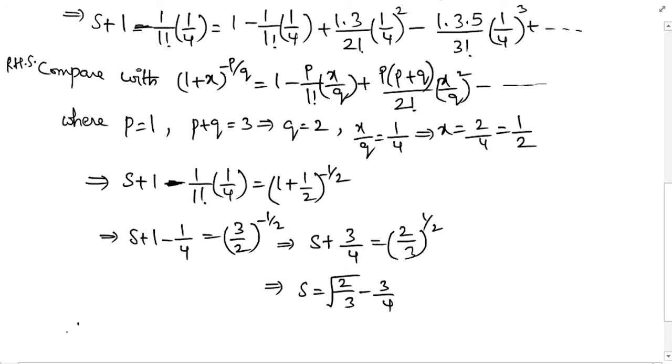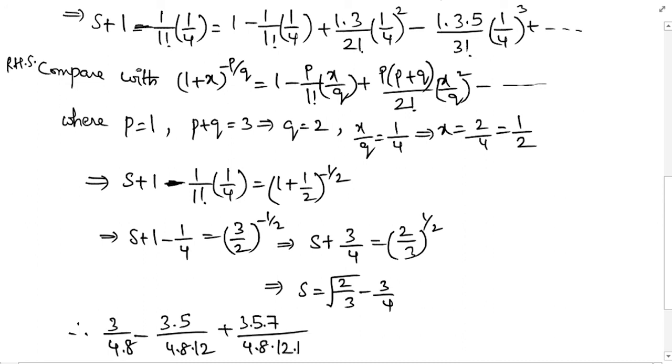Therefore 3 by 4 into 8 minus 3 into 5 divided by 4 into 8 into 12 plus 3 into 5 into 7 divided by 4 into 8 into 12 into 16 minus so on is equal to root of 2 by 3 minus 3 by 4. Okay, so this is our answer.